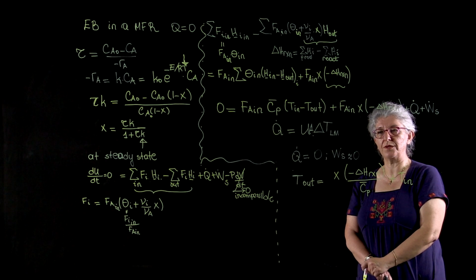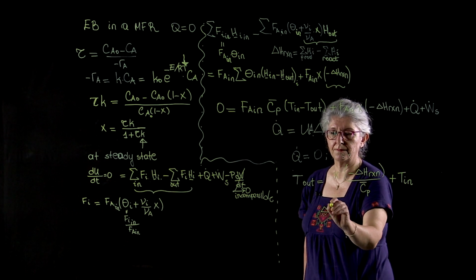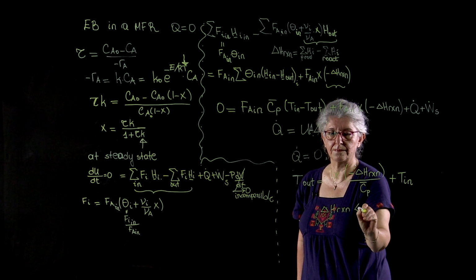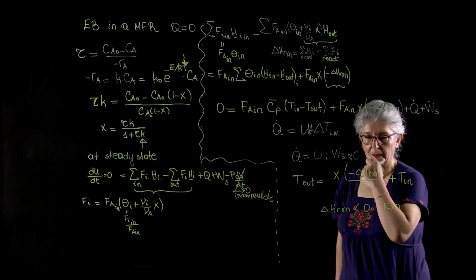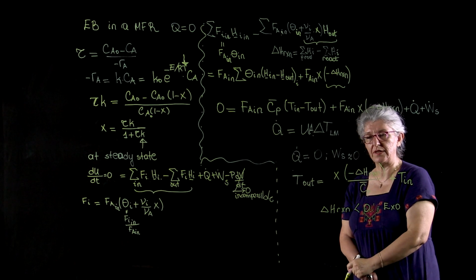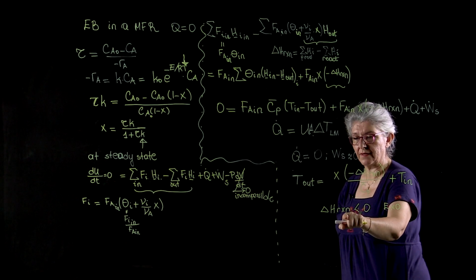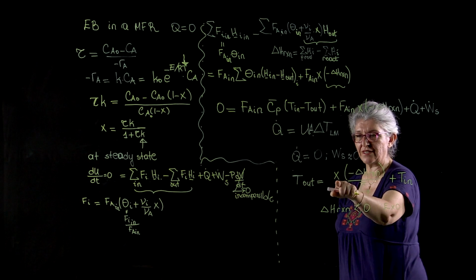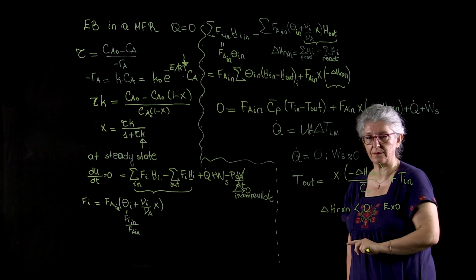So for an exothermic reaction, the enthalpy change of the reaction is negative. With the minus sign here, with the negative enthalpy change of the reaction, we are going to have a positive term that changes with conversion. And outlet temperature will always be greater than the inlet temperature under adiabatic conditions.